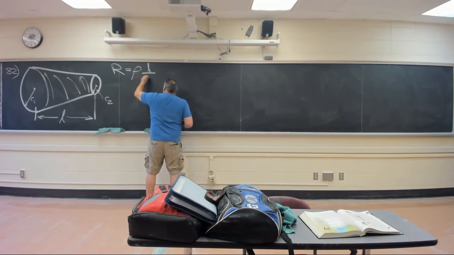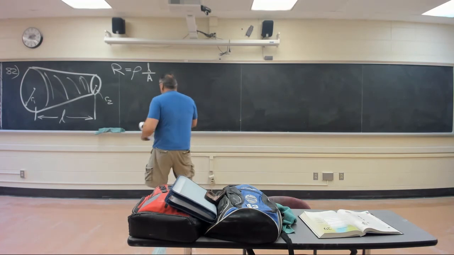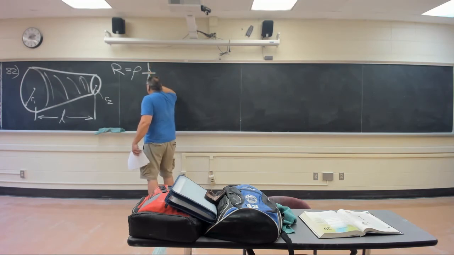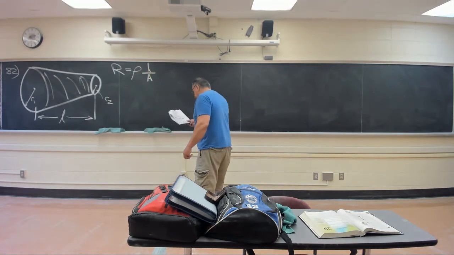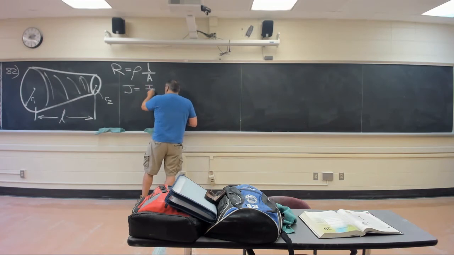And the smaller the cross-sectional area is, the greater the resistance. A small cross-sectional area and a long wire, big divided by big is huge, big resistance. If it's a short wire and a big cross-sectional area, small divided by big is tiny, small resistance, and so forth. That's one thing to keep in mind. We know they told us J is not going to change going across like this.